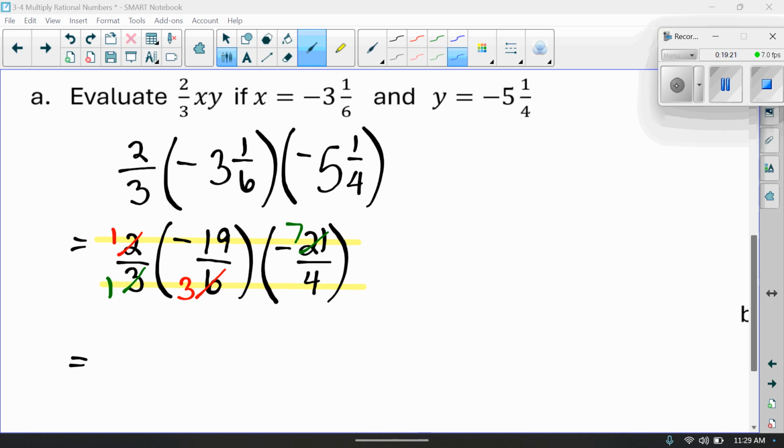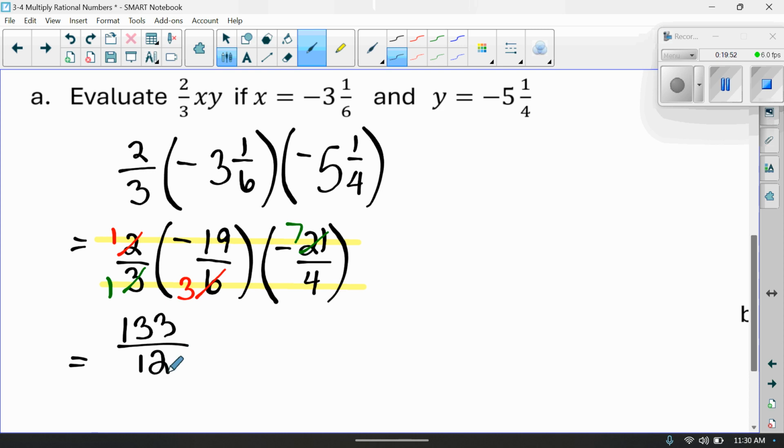So we have 1 times 19 times 7 on the top. Here we've got 133 in the numerator, and then we have 1 times 3, 3, times 4, 12. So now we have 12 down here.